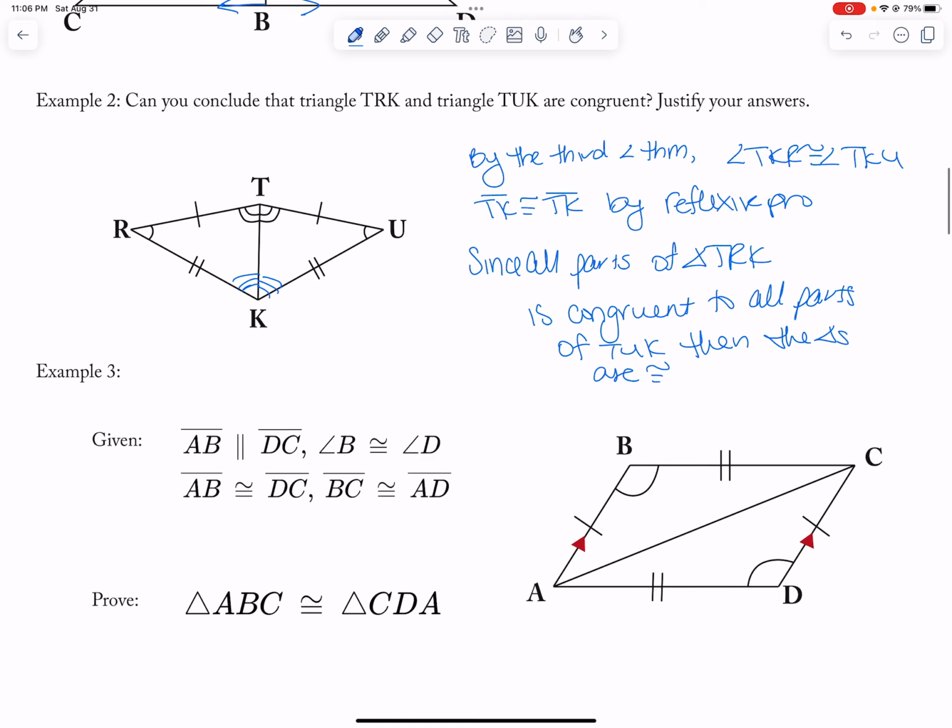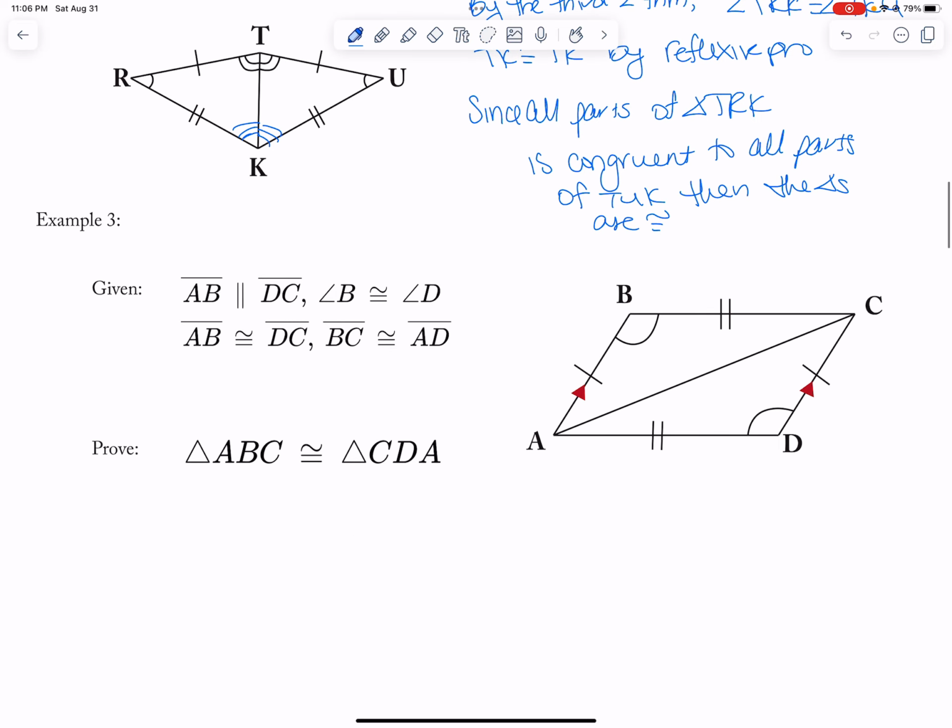Okay. Example 3, I'm going to try to show that ABC is congruent to CDA. So basically, I have some angles that are already equal, some segments that are already equal. So I have to prove that all the parts are congruent.